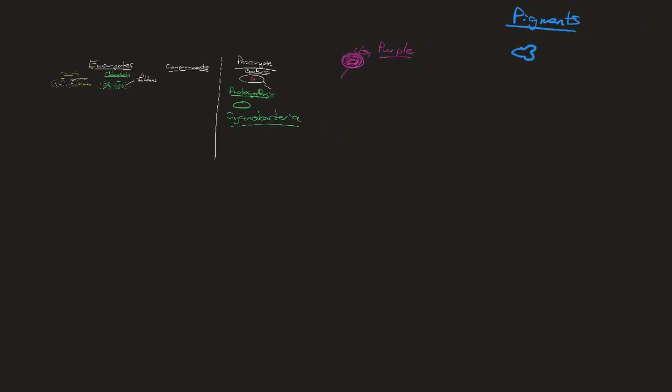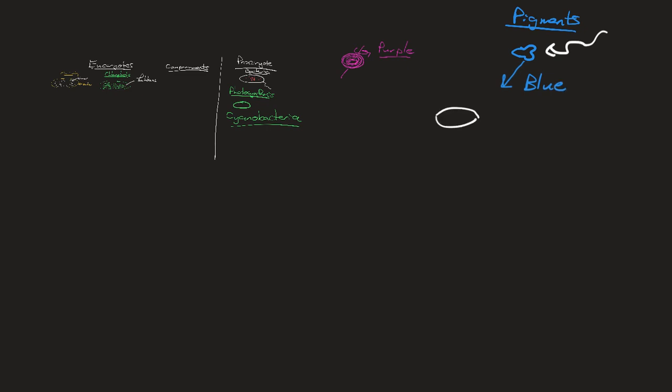Pigments are molecules that allow white light to go in, and pigments absorb all the light except what? The color of the pigment. So blue light in this pigment is the only light that your eye would see.